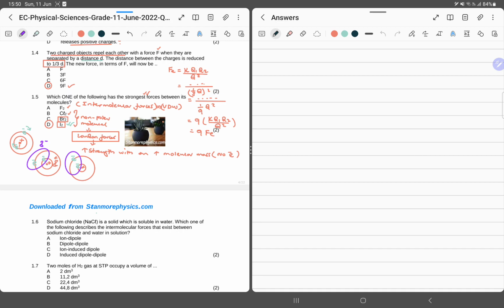And then of course this becomes negative against this one, which is positive. The positive end will attract the negative end, and that's what we call a London force of attraction. So that's how it happens in these nonpolar molecules.